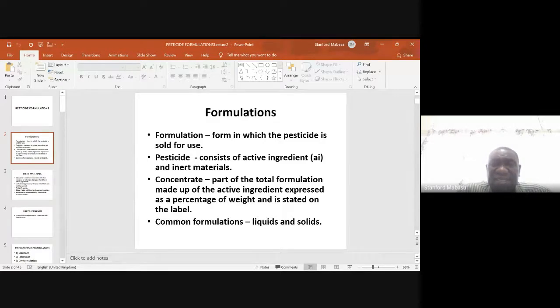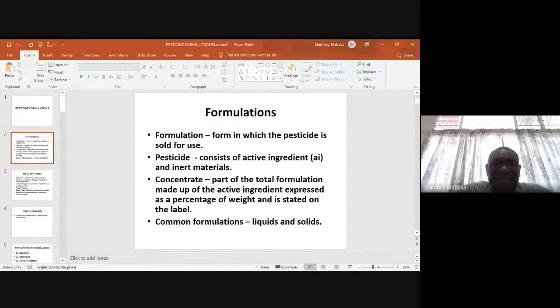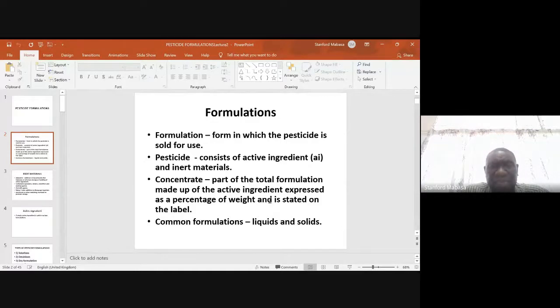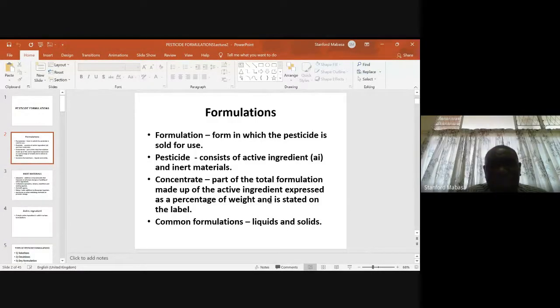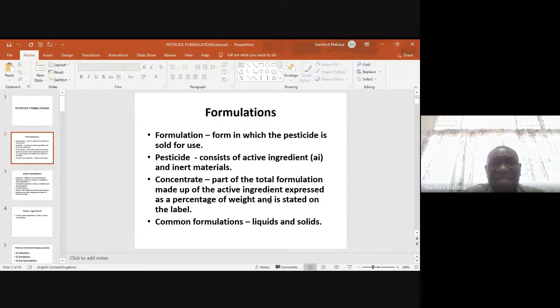So the concentrate is mostly referring to the active ingredient. Now, what are the common formulations? Pesticides can be presented as liquids. In fact, you can buy them from the hardware or shops as liquids, or you can buy them as solids.